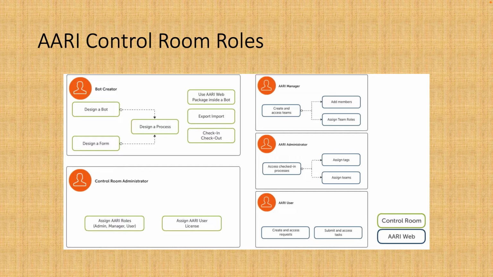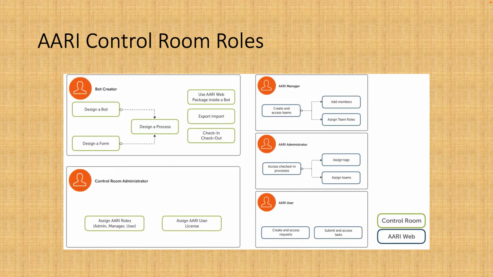Now the three most important roles that you see on the right. The first one is the RE user. This is the person who creates the request, submits it, and accesses all the tasks. So he's the business user who is doing everything from a task and request perspective. And then you have the RE manager. This is the person who can create teams and add team members to the team.